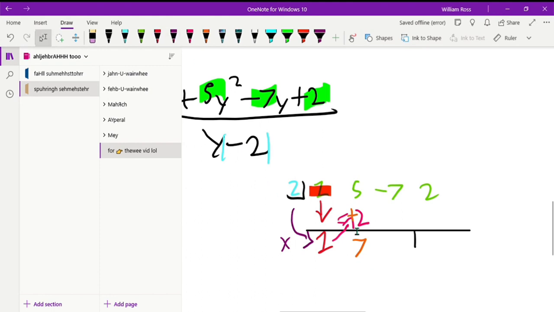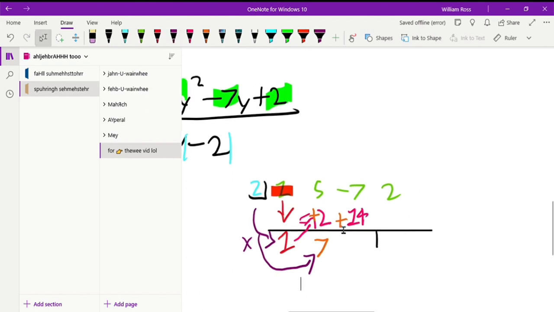That gives us 14. Negative 7 plus 14 is positive 7.